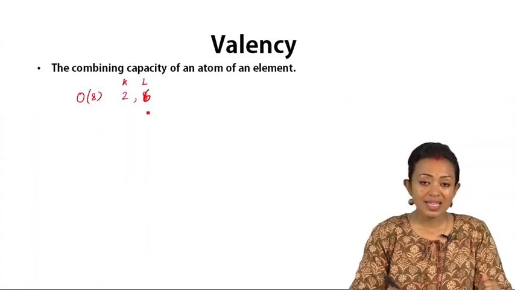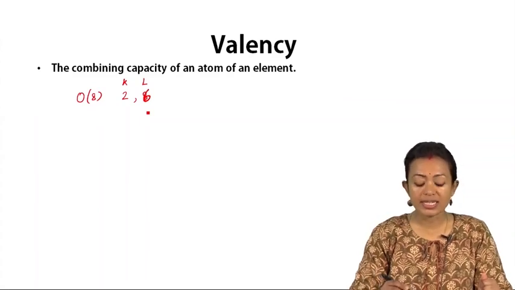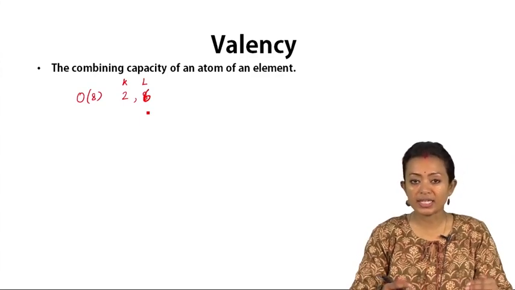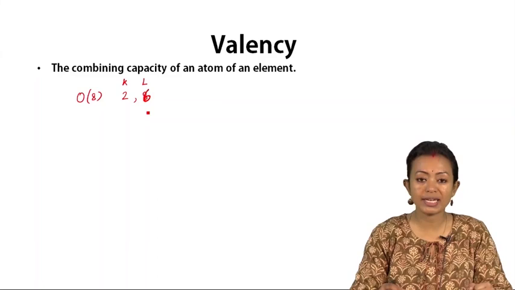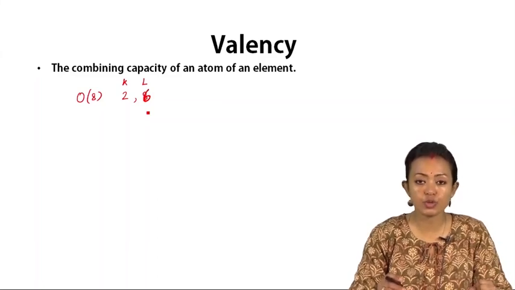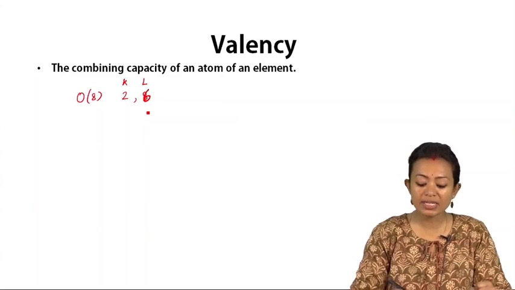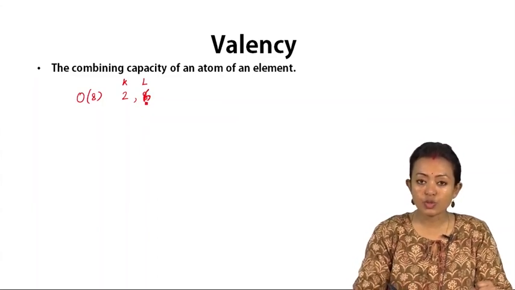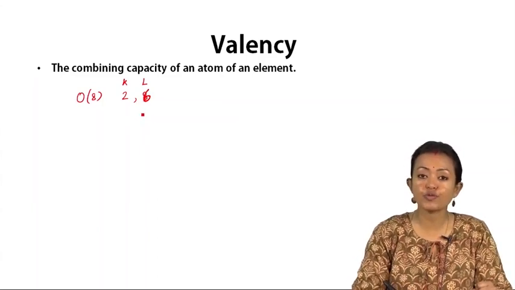Now, according to the rules of distribution of electrons, we know that the maximum number of electrons possible in the outermost orbit is 8. That means the outermost orbit of oxygen is running short of 2 electrons.